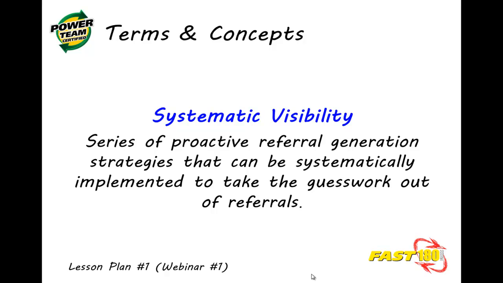Do you know a good realtor? We're going to start slowly with the first 2 levels of systematic visibility. We're going to show you 10 in Power Team Certified, and you'll pick the ones that work best for you. Bottom line is, beyond asking you to make a commitment to create referrals for each other, we're going to ask for a commitment on which systematic visibility strategies you're going to use.